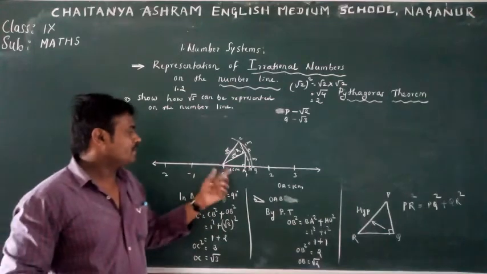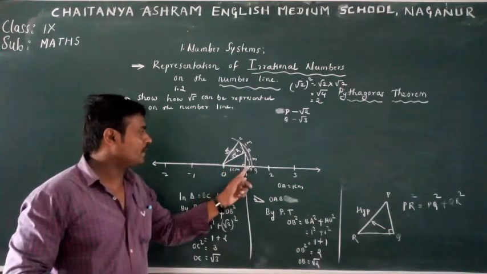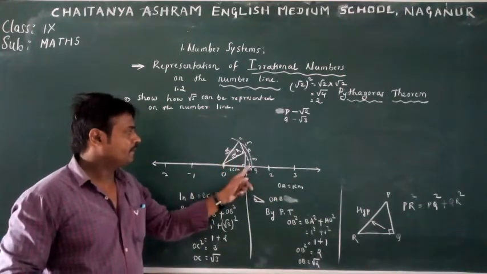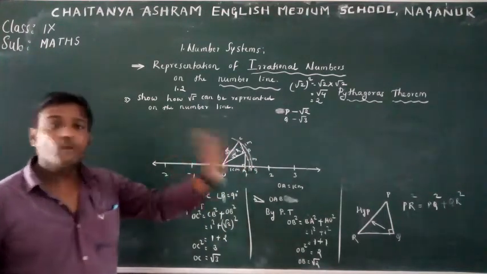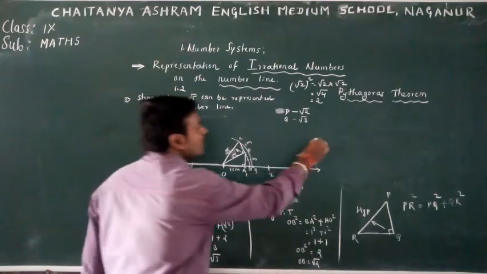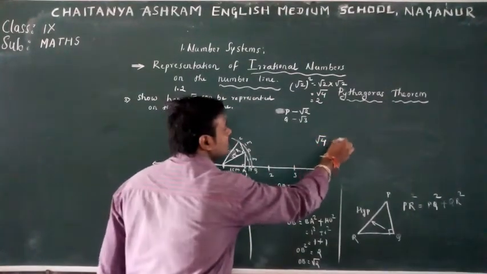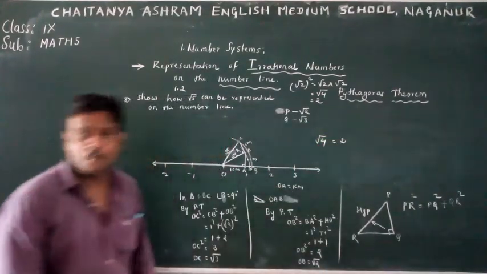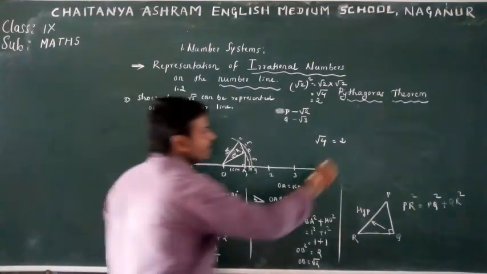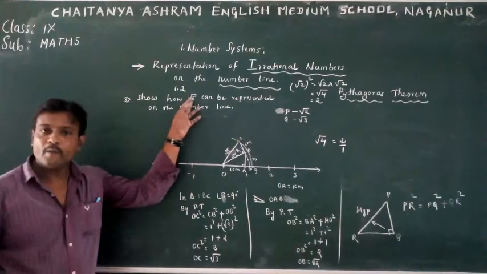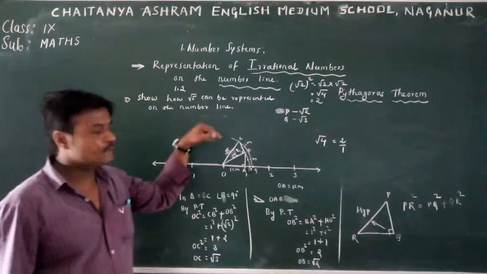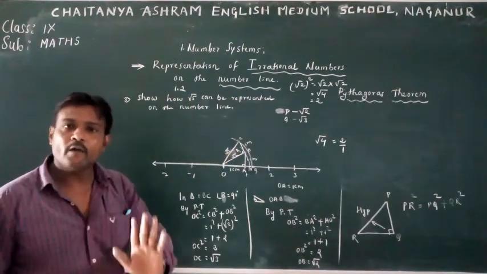First you should show root 2 on the number line, then after that root 3, after that root 4. Root 4 is not an irrational number because it has an exact value; we can write it in the form of p by q. But to represent root 5, first we should show root 4 on the number line.